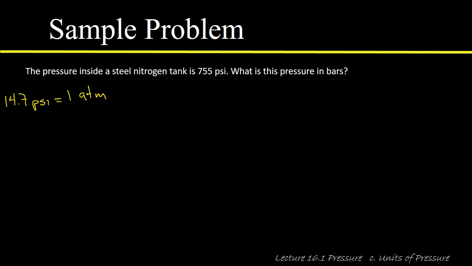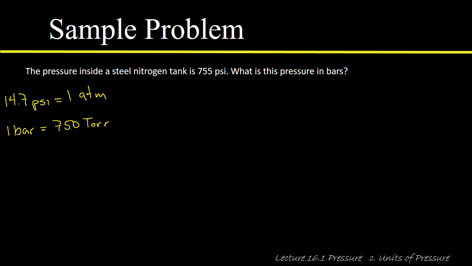If we actually want to get the pressure in bars, we can remember that 1 bar is 750 torr. Okay. That's helpful. That won't quite get us there because we still need some kind of a bridge to get from atmospheres to torr.